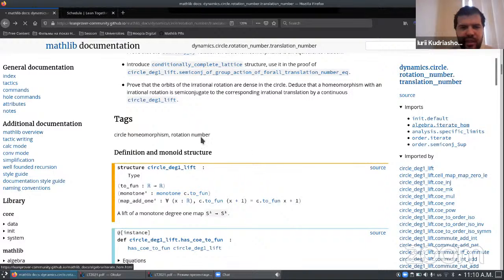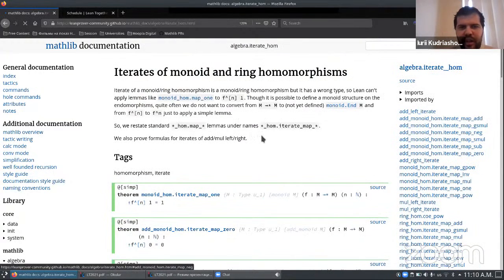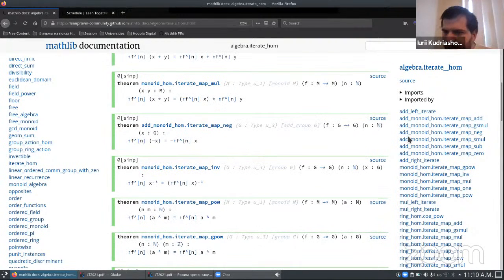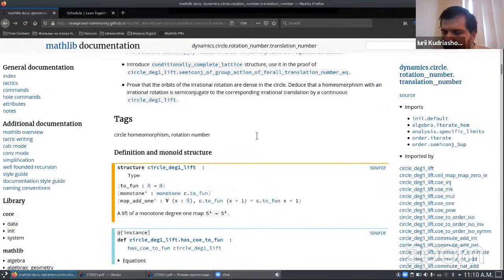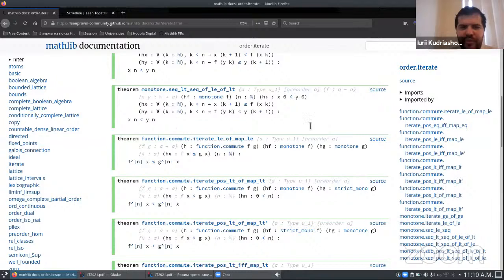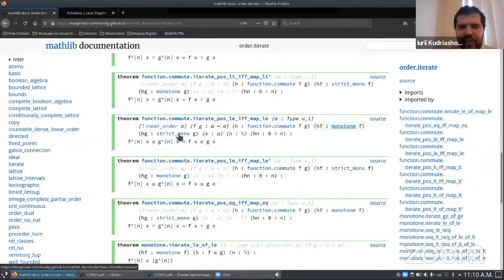But here in algebra.iterate hom, I prove various very basic lemmas. Order iterate, yeah. Very basic lemmas, like if two maps commute and one is monotone and another is strictly monotone, then we have some equivalence between two inequalities.